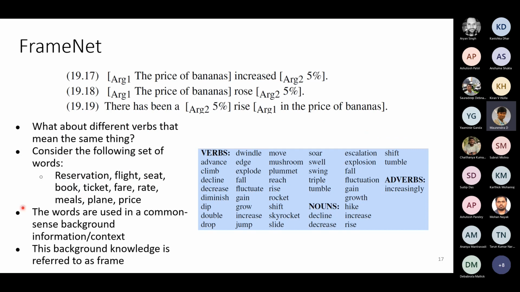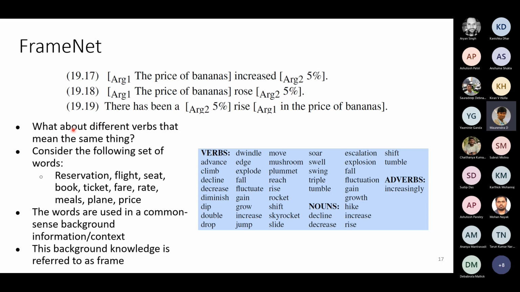Next, people came up with the concept of FrameNet, where it came up based on the observation that if you look at certain verbs and the context in which the verb appears, the different other words which are there in the context, you often see lots of similarities in the context, a lot of common terms that are being used in the context.